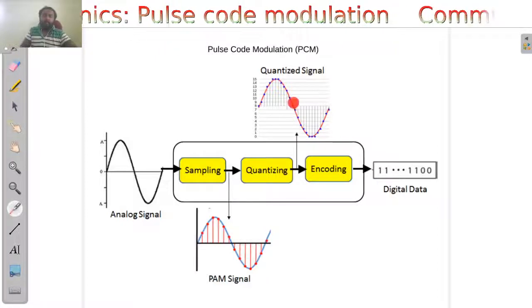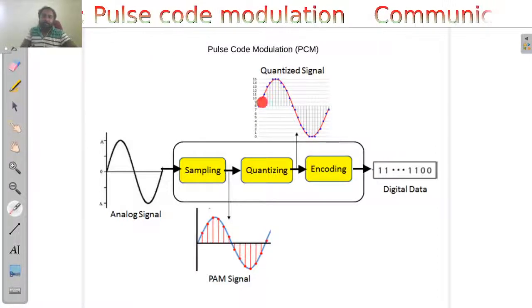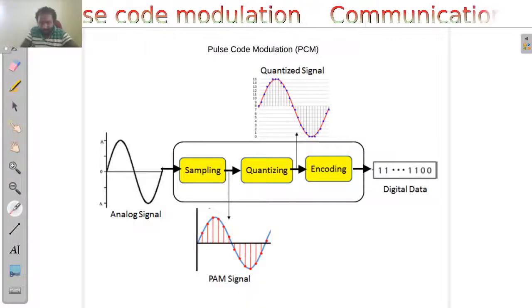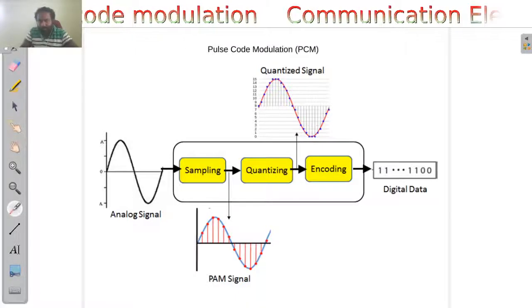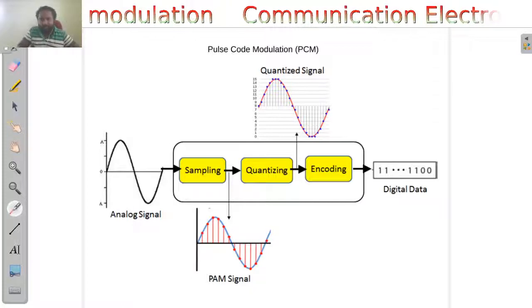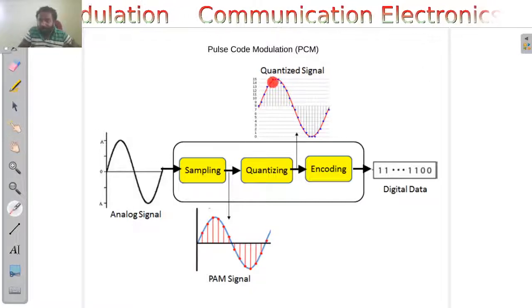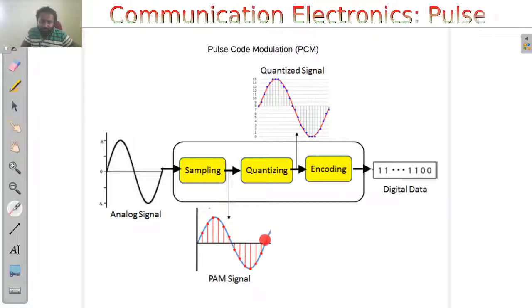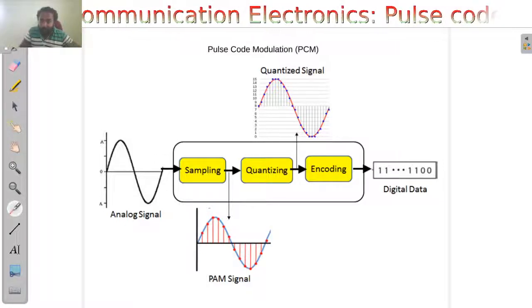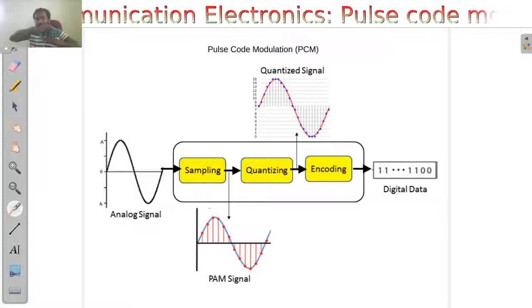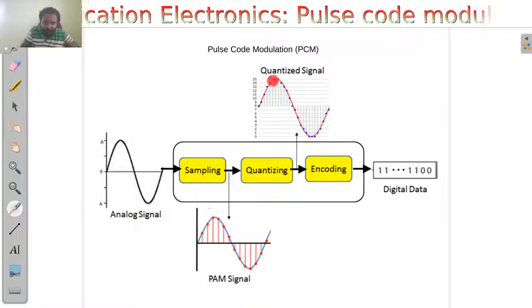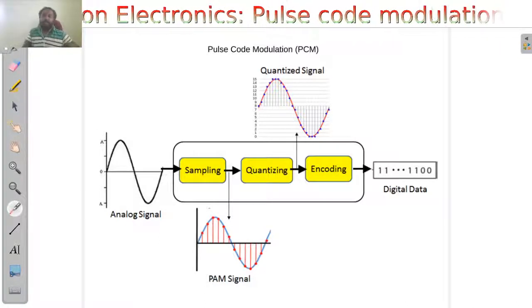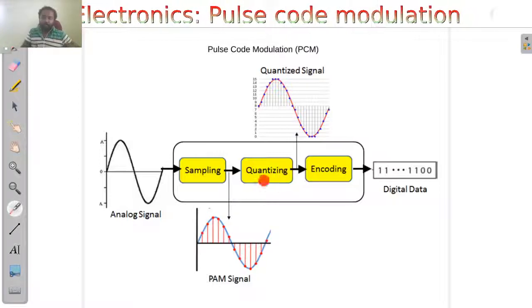So after quantization of this signal, there will be some errors, and those errors are called quantization noise or quantization error. That is happening because we are doing an approximation. Actual samples are analog variation samples, but we are approximating its amplitude to a specific discrete level. So that is why there will be an error introduced by this process called quantizing.